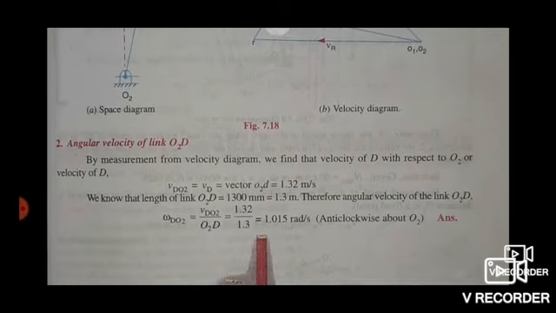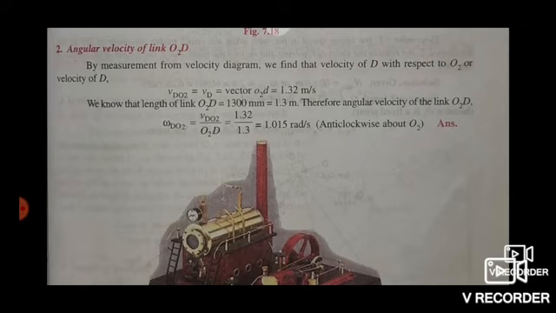From the diagram, we know the length of link O2D equals 1300 mm equals 1.3 meter. Therefore, angular velocity of link O2D, omega_DO2 equals V_DO2 by O2D, 1.32 by 1.3 equals 1.015 radian per second, anticlockwise about O2. This is the angular velocity of link O2D.